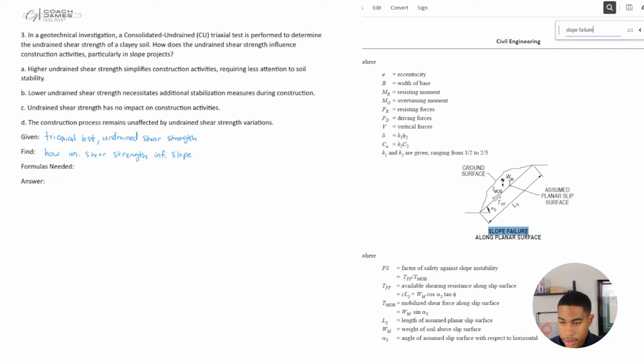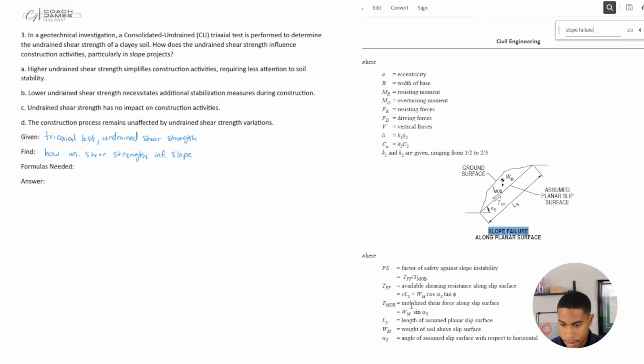The handbook gives you an image of what slope failure can look like. And the things you want to pay attention to are the forces acting along the dirt, right? So you've got your assumed planar slip surface, and you have T mob, and it's pointing down.